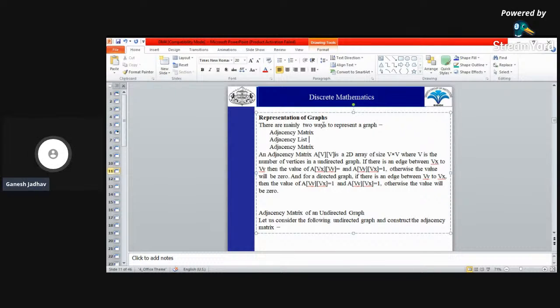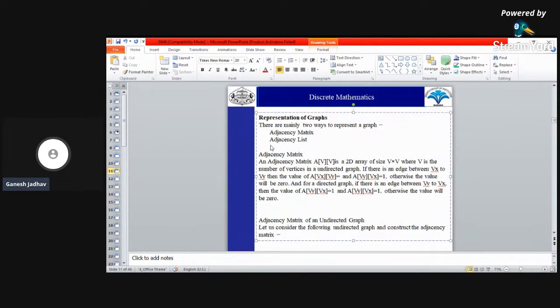There are two ways to represent a graph. The first one is the adjacency matrix, and the second way is the adjacency list. This is the theoretical part, but when we move toward the example, you will get it easily.